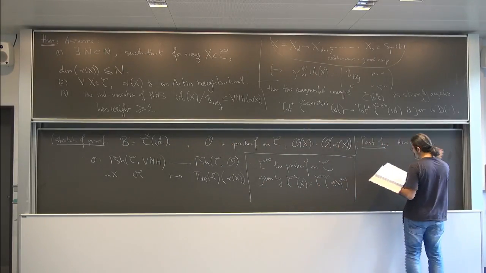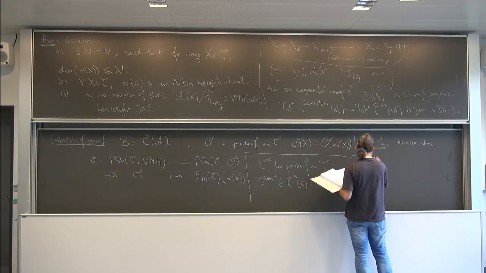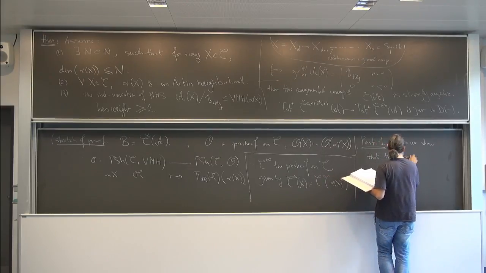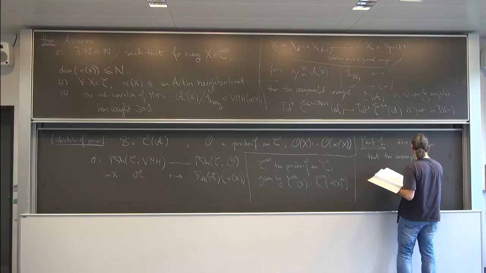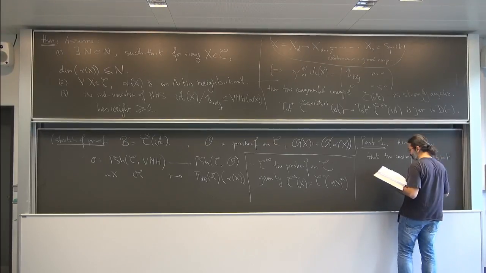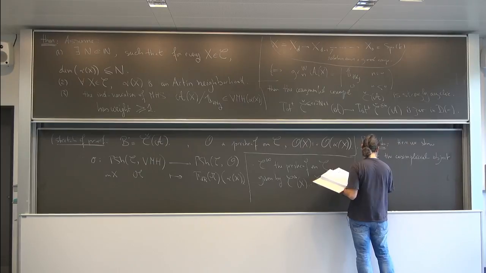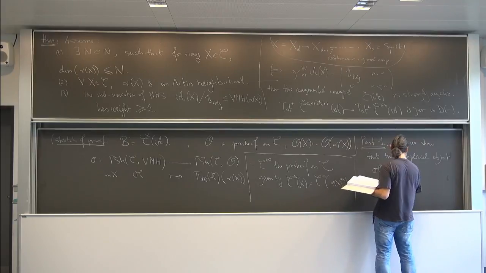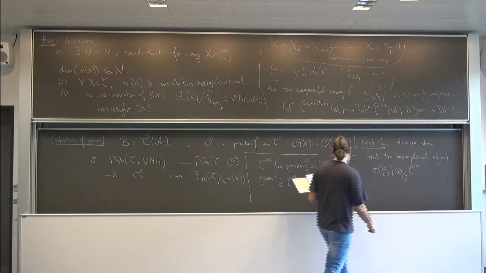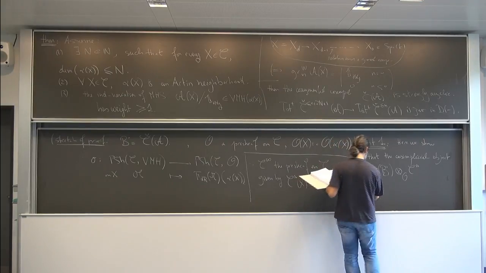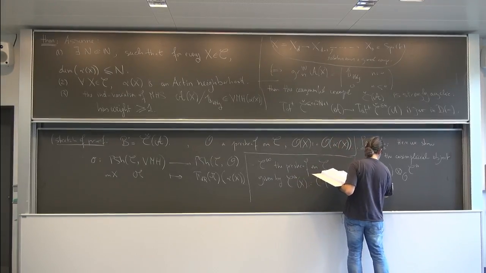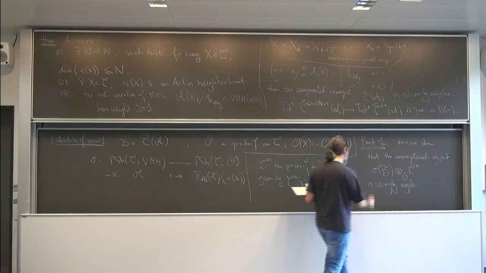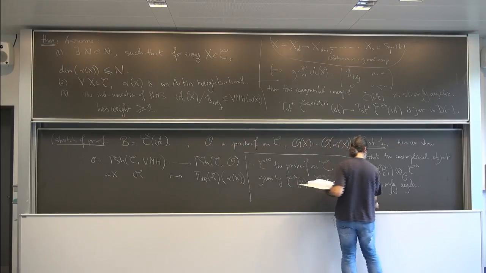So here we show that the cosimplicial object O of B tensored with C infinity is strongly acyclic. And even more, we will see that the n that appears here is just equal to 1.